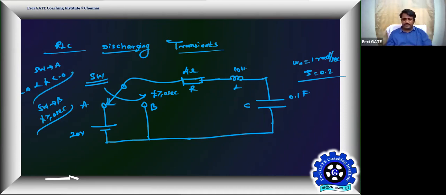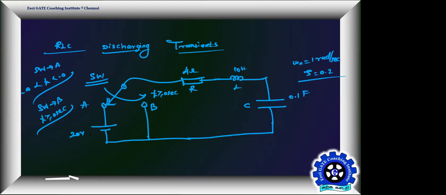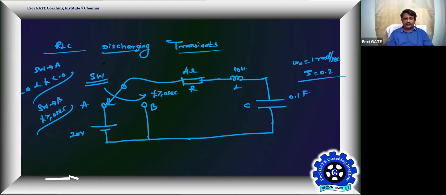Now what will happen at time t equal to 0 minus? Initial steady state, with the 20 volt source.